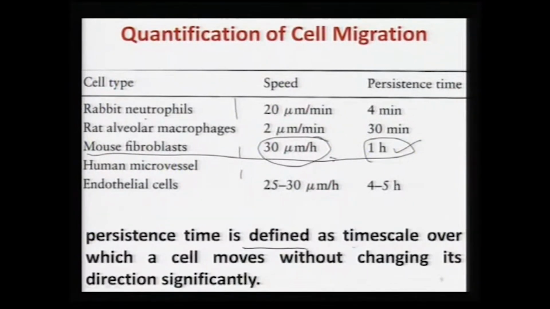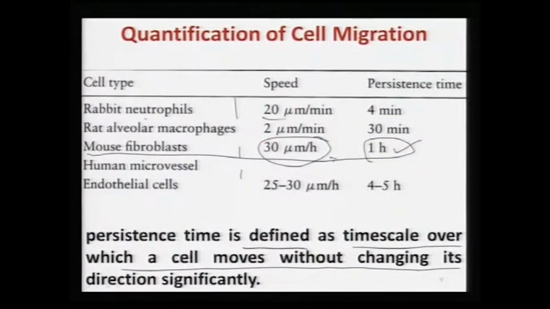It is defined as the time scale over which a cell moves without changing its direction significantly. So, a mouse fibroblast cell can move in a straight line for 1 hour before it changes its direction, maybe by 90 degrees, or 35 degrees, or 45 degrees, and goes in another direction.